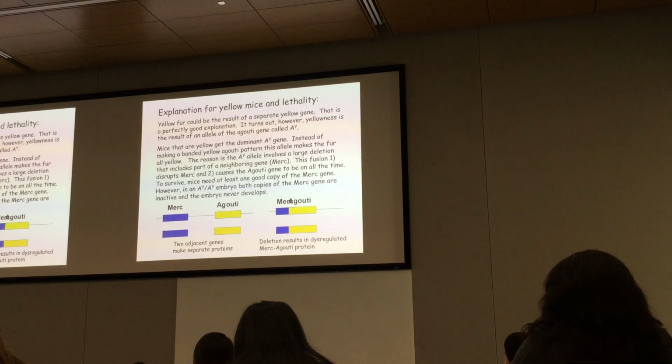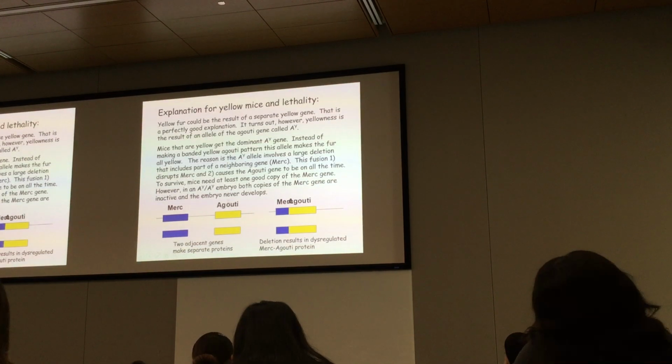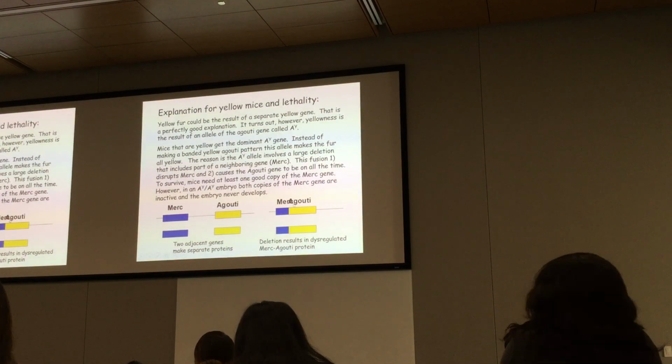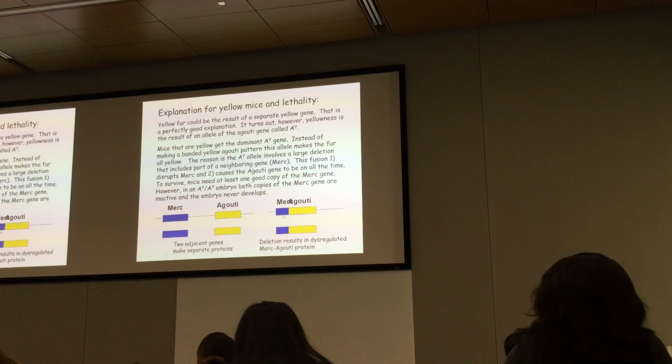Okay, and the answer is, in this allele, AY, you have the agouti gene activity linked to the Merck regulatory region, but you've lost the Merck protein. You've deleted enough of Merck that it's no longer active. So you don't get any functional Merck protein in this arrangement.